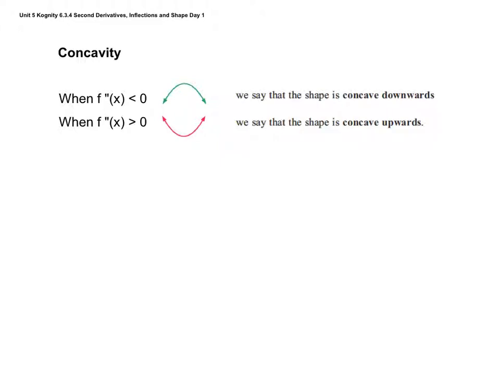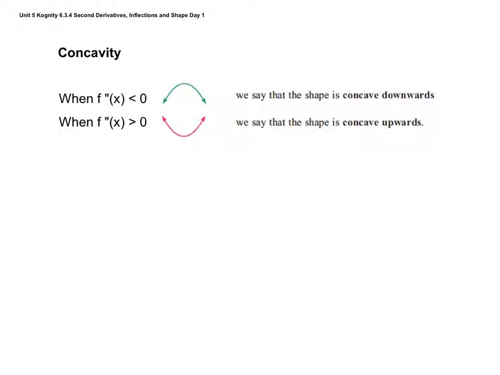Okay? So just like the first derivative told us whether the original function was increasing or decreasing, the second derivative tells us if the first derivative is increasing or decreasing, and then we can go another step back to the original function. It tells us whether that's concave up or concave down.